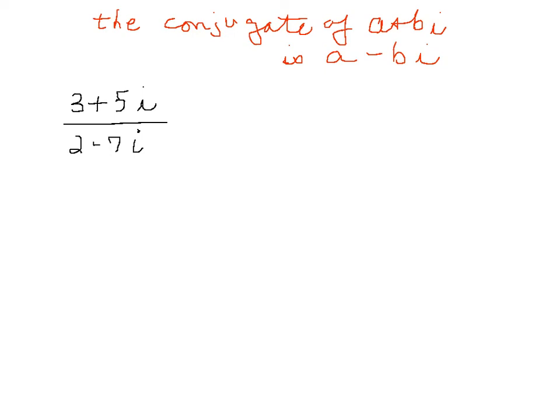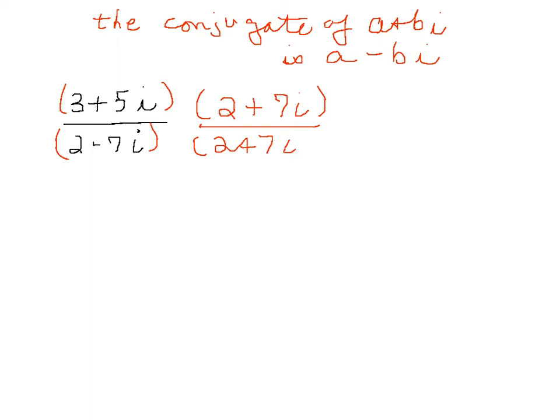And what I'll do here is multiply top and bottom by 2 plus 7i. And when I do that, why don't you press pause and see what you get when you multiply these things out and combine like terms.